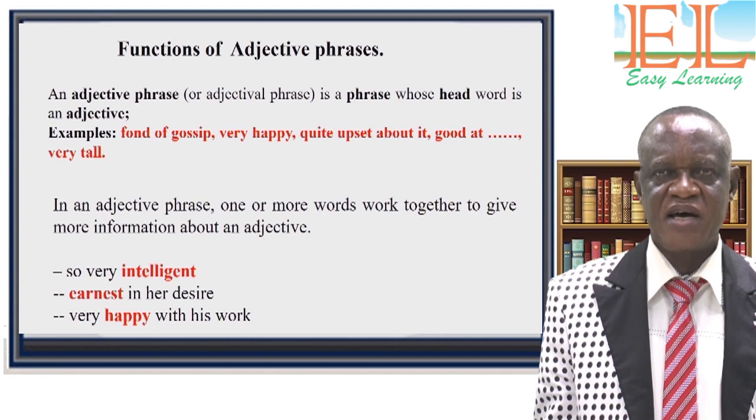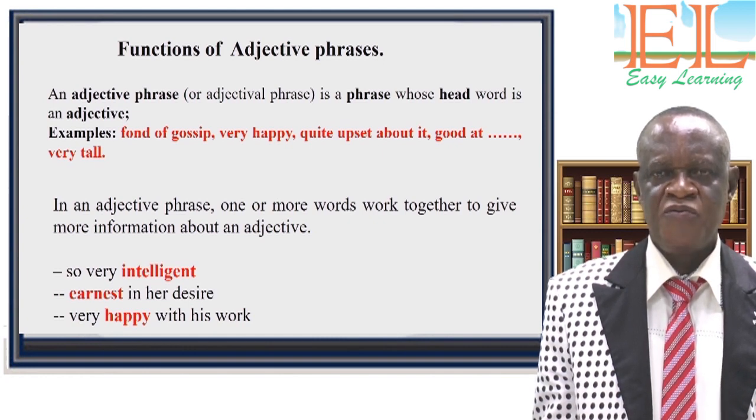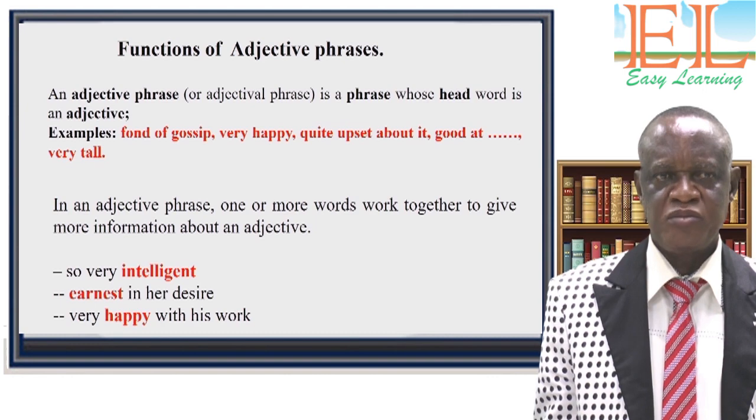Earnest in her desire. The head word there is earnest, an adjective. And we have in her desire providing information about the adjective earnest. Very happy with his work. Happy is the head word and is being modified by very.